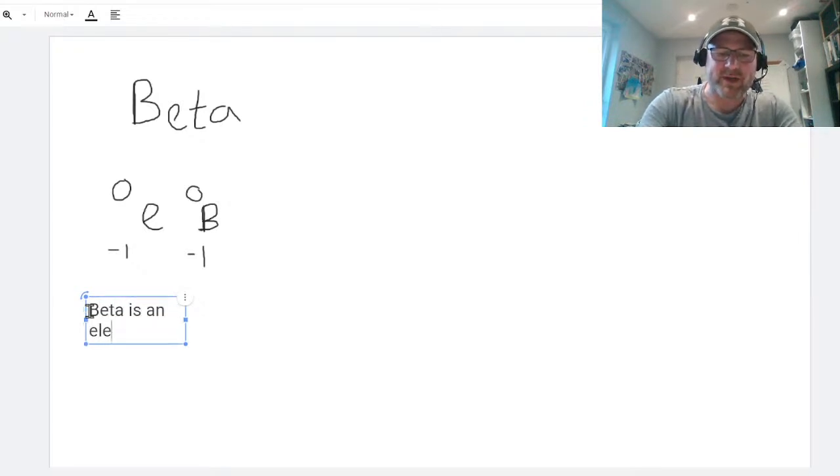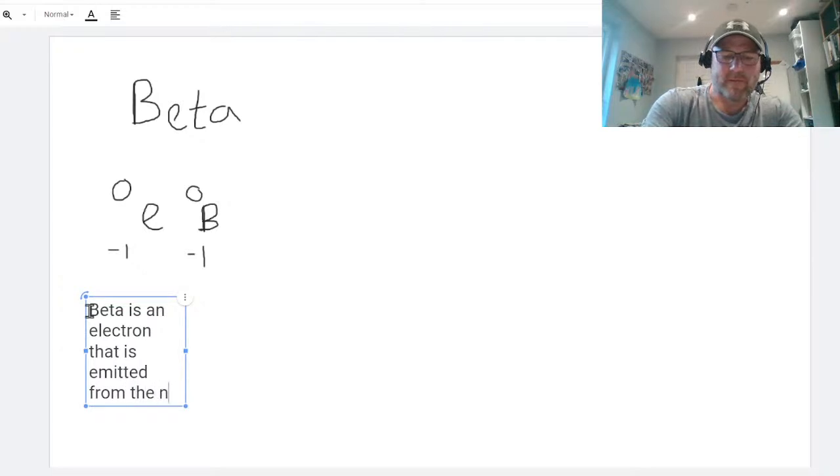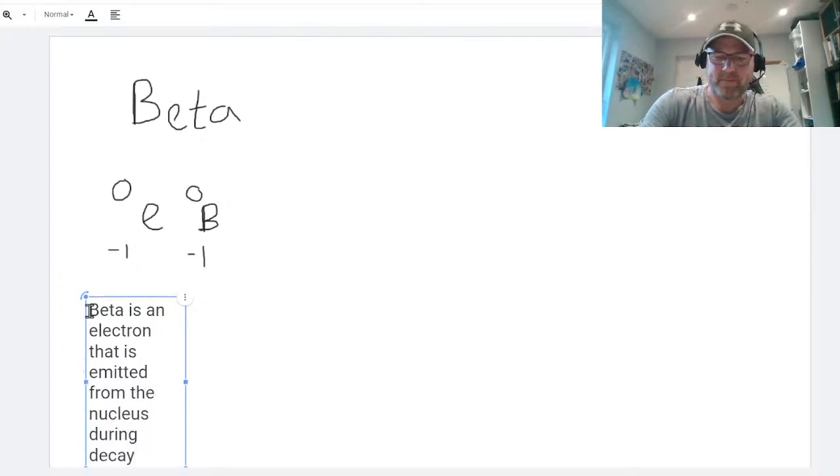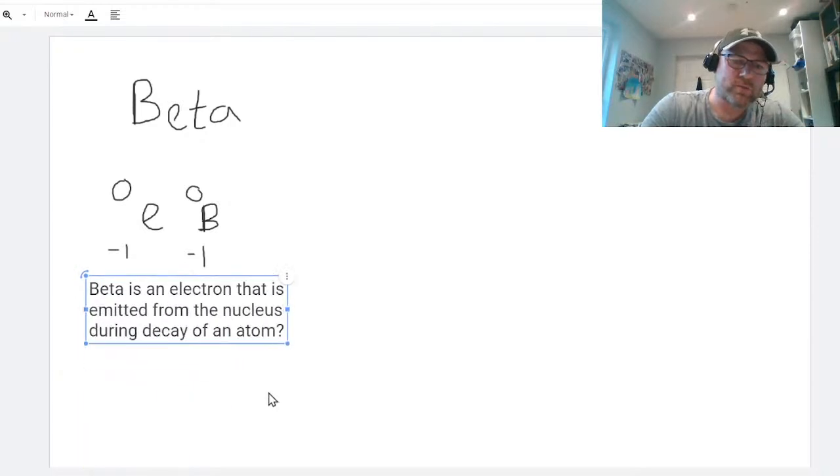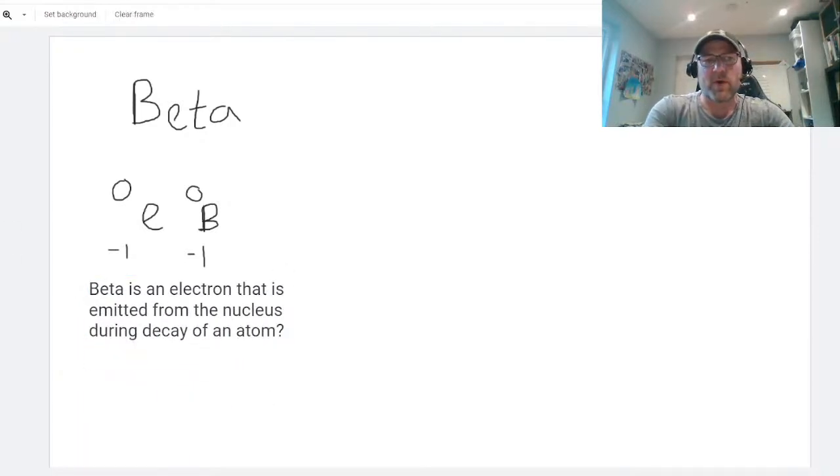Beta is an electron that is emitted from the nucleus during decay of an atom. So, why is that unusual? Why is that weird? Anyone tell me why that's weird, that statement? What's strange about it?